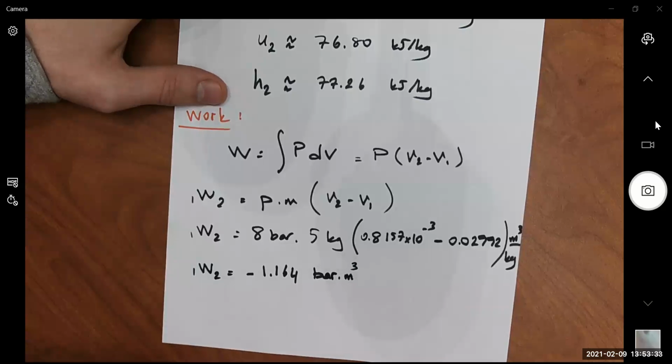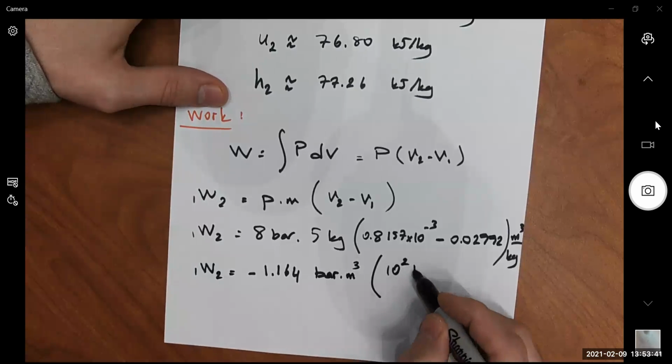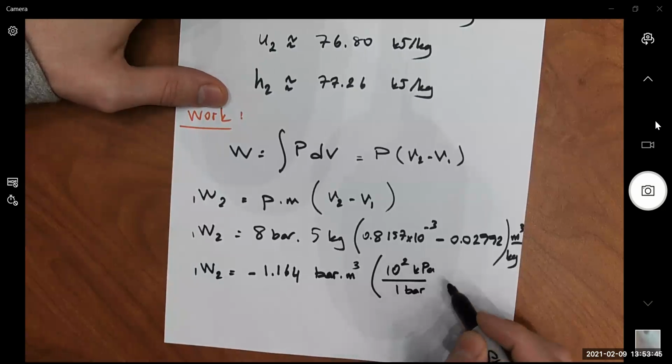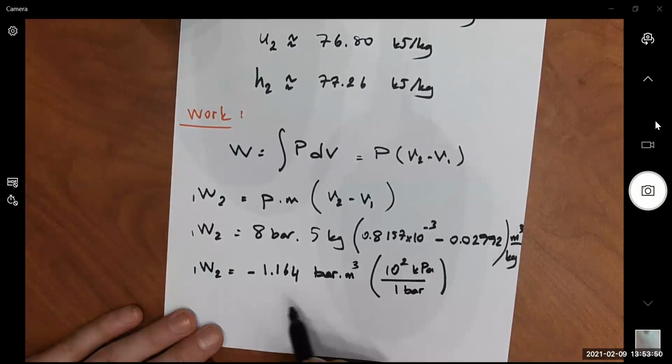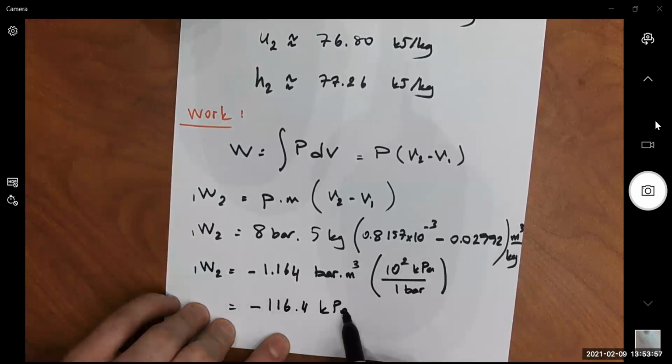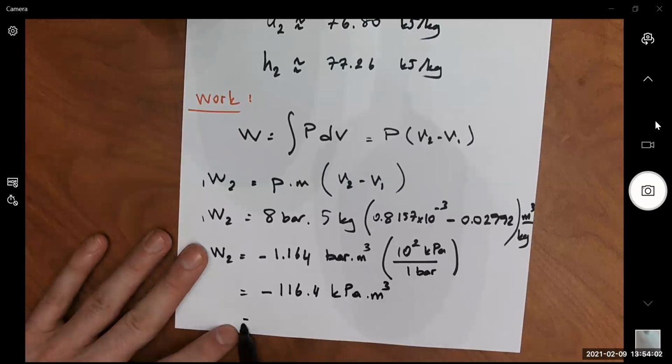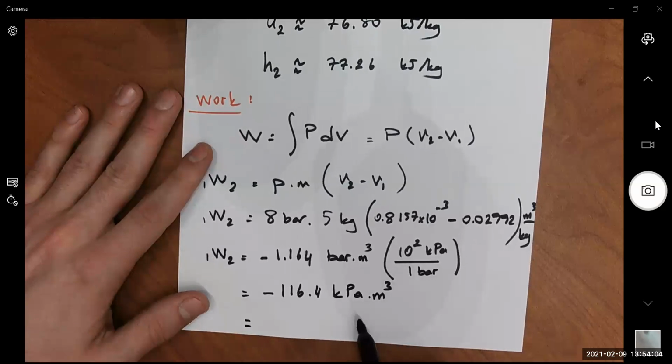But we are asked to find it in kilojoules, so I need a unit conversion. 100 kilopascal is 1 bar. It will be minus 116.4 kilopascal times meter cubed.